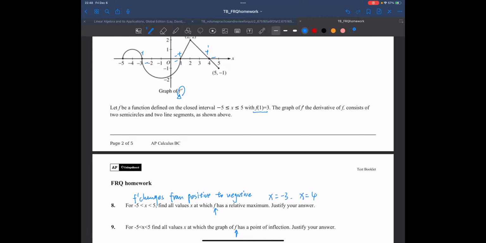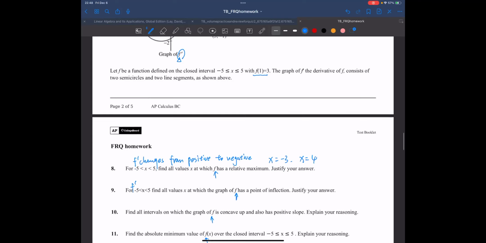Okay, question 9. Inflection point. For the inflection point, we can see f prime of x changes from increasing to decreasing, and vice versa.